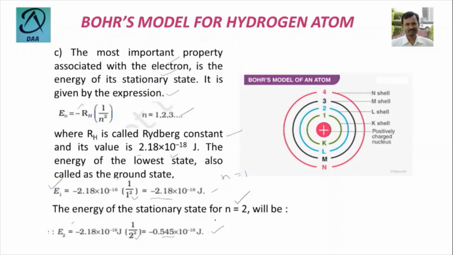So in this way we can calculate the energy of the stationary state using this equation: En is equal to minus RH multiplied by 1 by n square. RH means the Rydberg constant for hydrogen. We have to mention it.